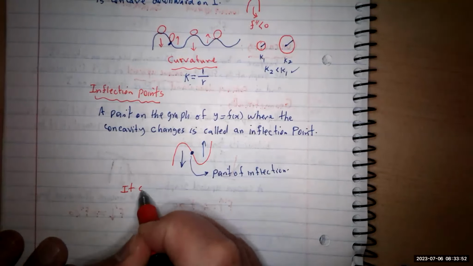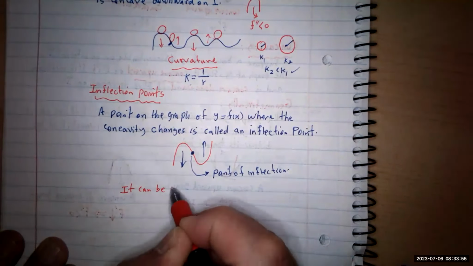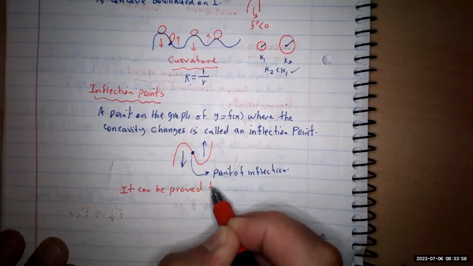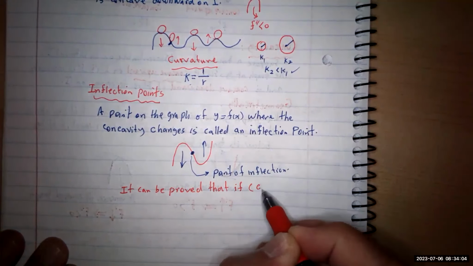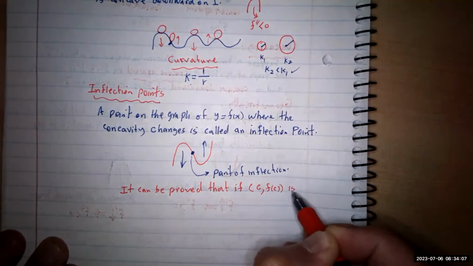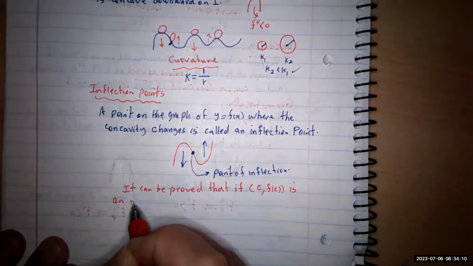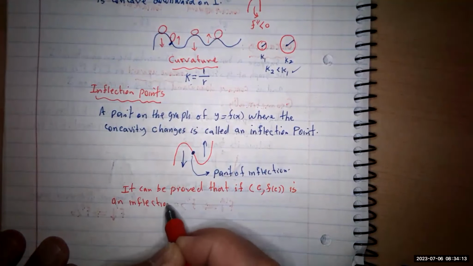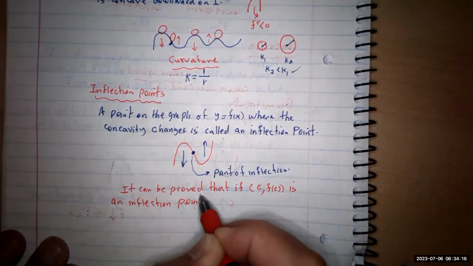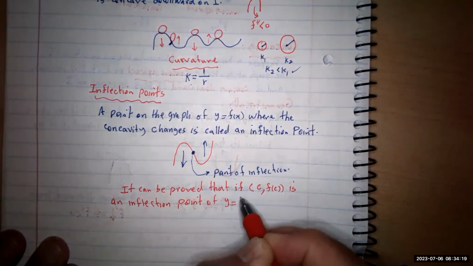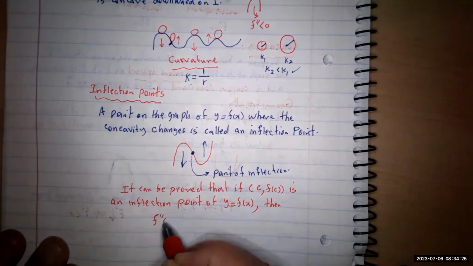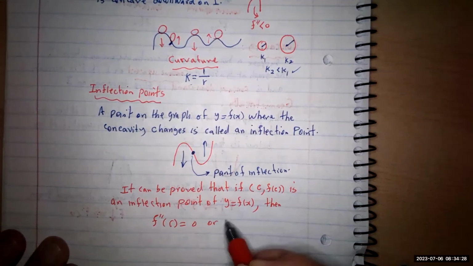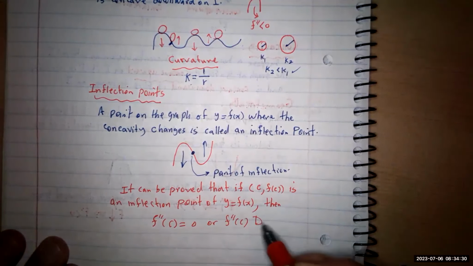Okay, I'm not going to prove it, but we give you a hint that it can be proved that if, let's say, C and f of C is an inflection point of y equal to f of x, then there are two possibilities: f double prime of C is equal to 0, or f double prime of C does not exist.